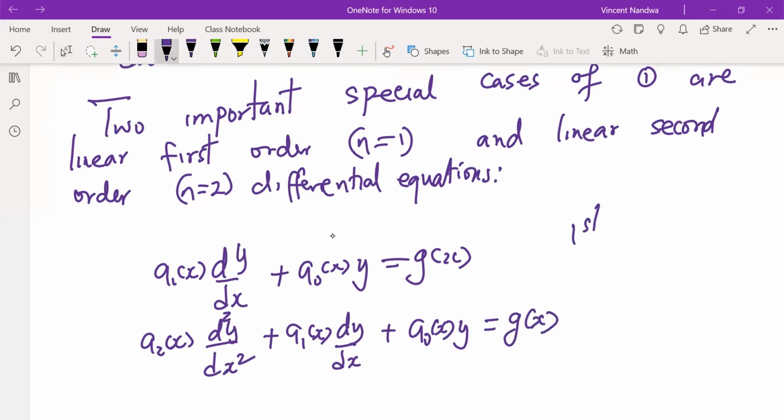So this is first order, this is second order. You can as well define third order, fourth order, etc.